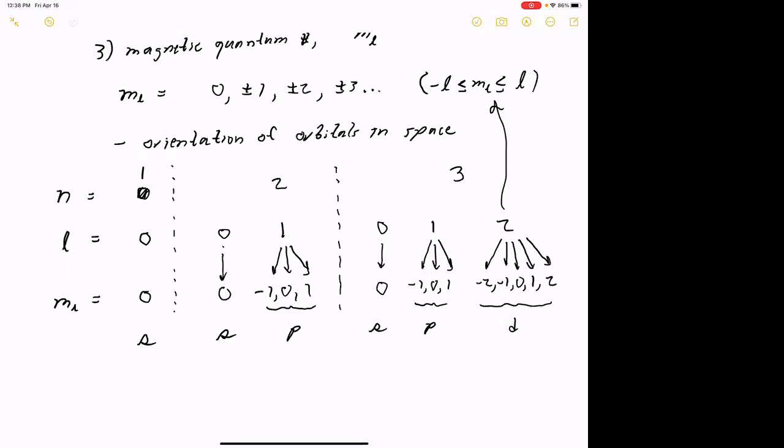Because again, notice the trend. Whenever I go from one principal energy level to the next, n equals 1 to 2 to 3, what am I doing? I'm picking up a new set of orbitals, aren't I? So if I go to n equals 4, am I going to have f orbitals there? Yes, I sure will.